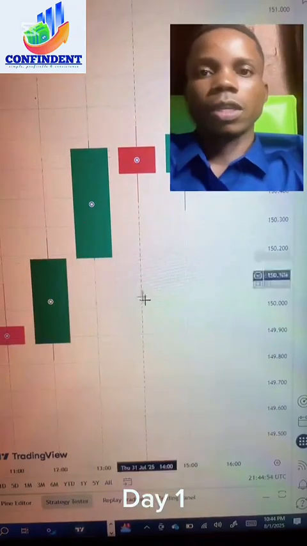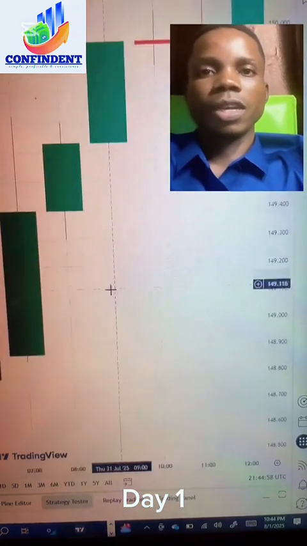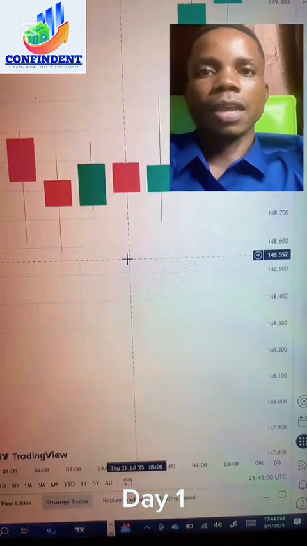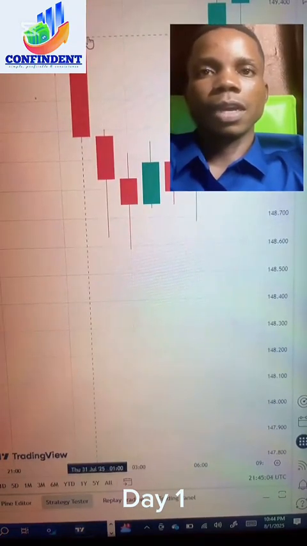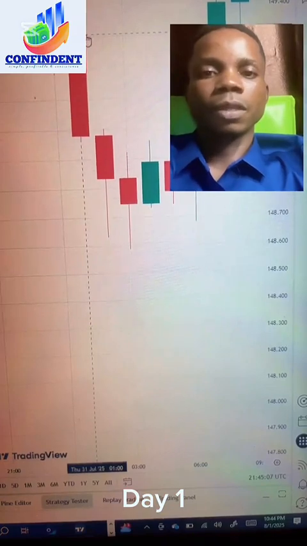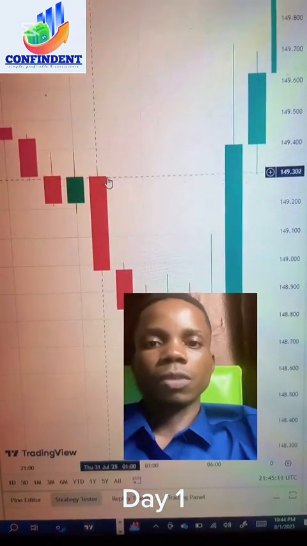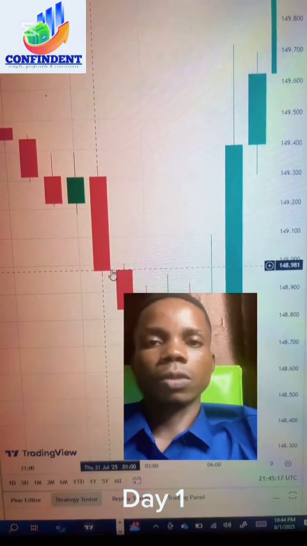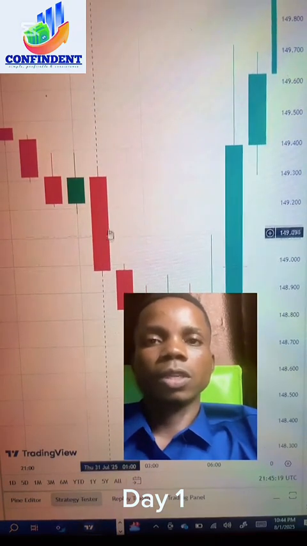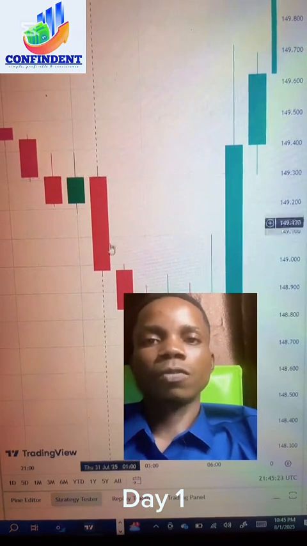Now let's quickly take an example of a bearish candle. An example of a bearish candle is like this particular candle. This candle we are seeing here opened at this particular place, moved up to this level, moved down, and closed at this particular point. So that simply means that the open is above the close.